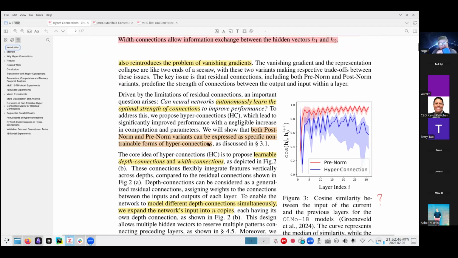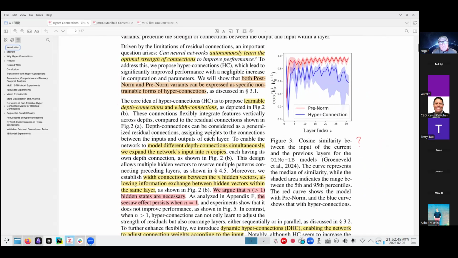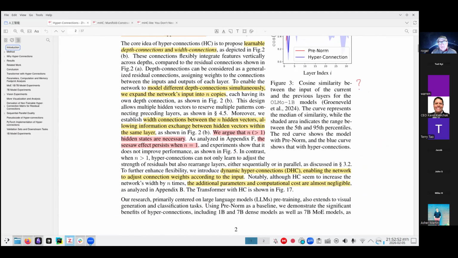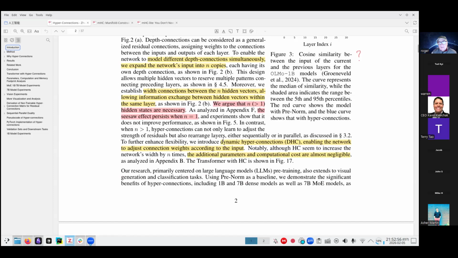They just talk about these different connections. Then this dynamic hyperconnection: they distinguish between static hyperconnections and dynamic hyperconnections.